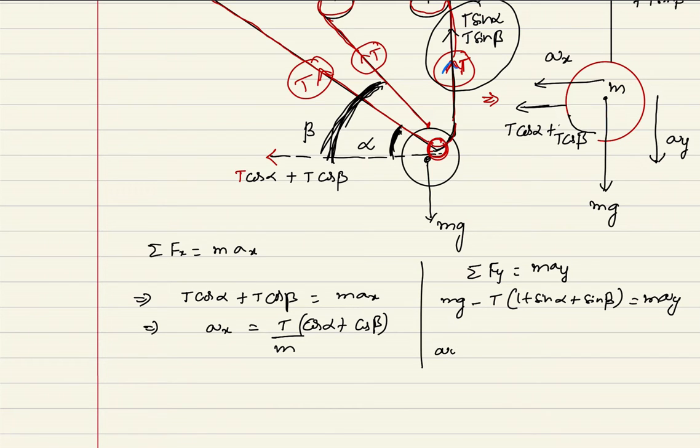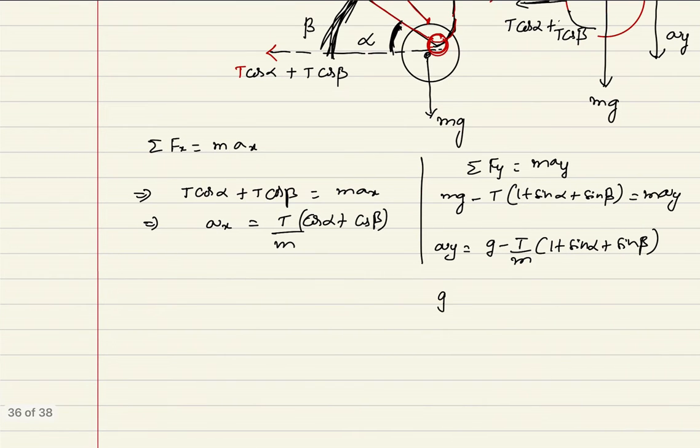If I write the ay value, ay equals g minus T divided by m into (1 plus sin alpha plus sin beta). So g minus ay equals T by m into (1 plus sin alpha plus sin beta).